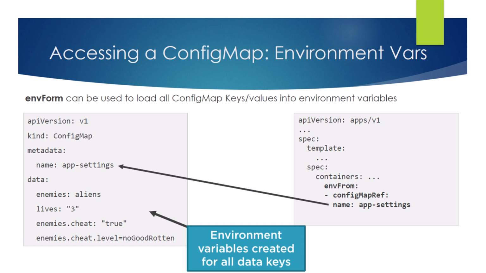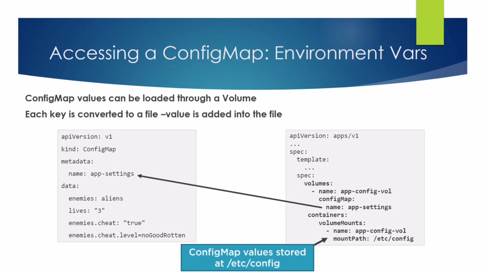Basically it will be made available to the pod and the containers within the pod. Now this provides a really nice way to just get everything loaded up in one shot for that particular pod. But as I just showed earlier, if you don't need everything, then you can load individual keys as well.